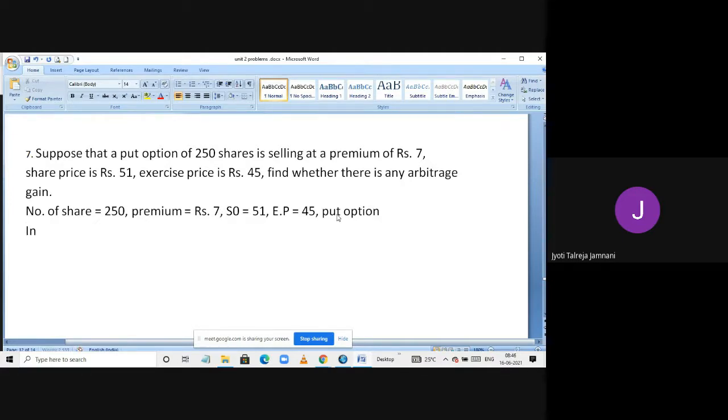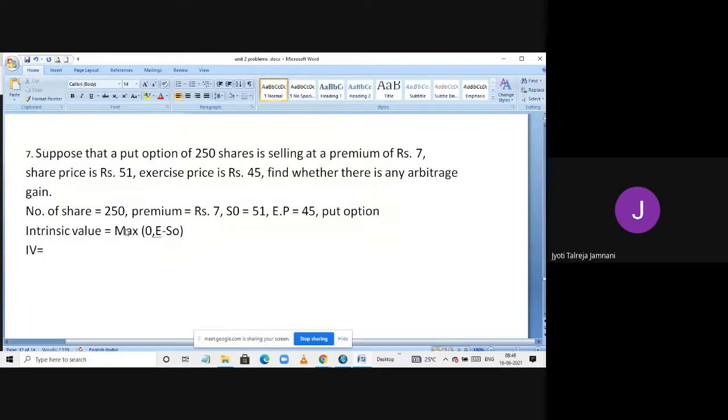So first step is to find the intrinsic value. Equal to maximum of 0, comma, E minus S naught, because it's a put option.